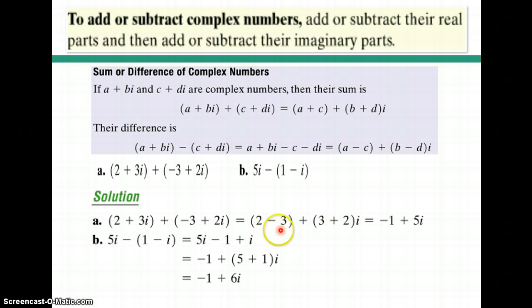So we have 2 minus 3 equal to minus 1, and 3 plus 2 times i equal to 5i. So 2 plus 3i plus minus 3 plus 2i equals minus 1 plus 5i.